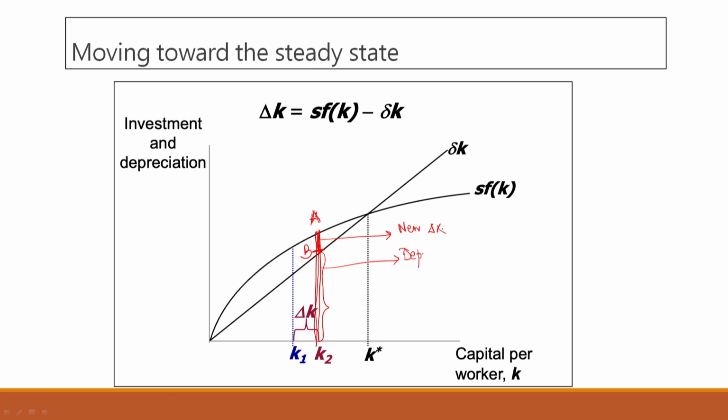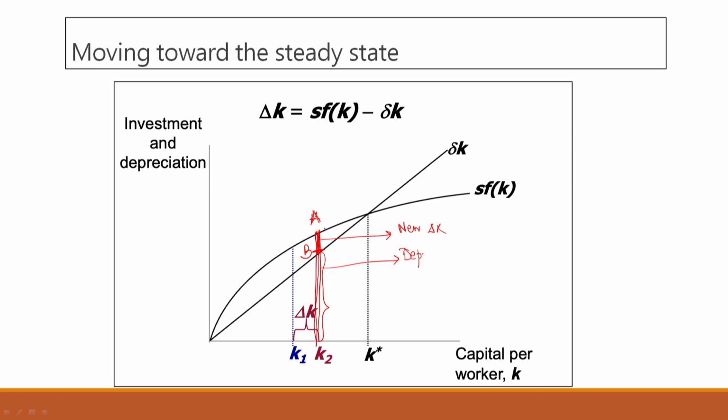delta K, right. And what happens to this new delta K? If we add this new delta K, in other words, what it implies is, in the economy, more physical capital stock gets added. And how do we represent that graphically here?